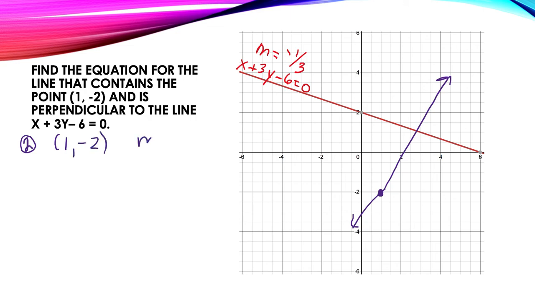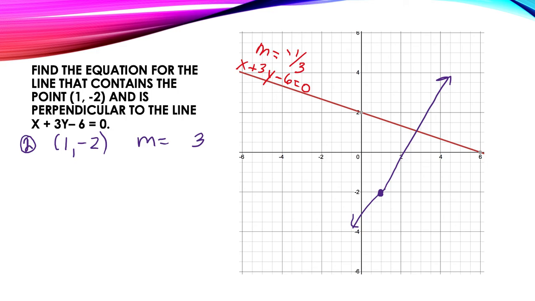And I also know the slope of that line. Because if the slope of the red line is negative 1/3, what is the slope of the purple line? Remember that we changed the sign, so it's going to become a positive. And we do the reciprocal. So 1/3, the reciprocal of 1/3 will be 3. And so our slope of our new line is going to be a positive 3.